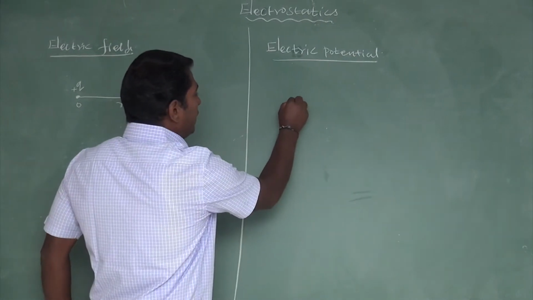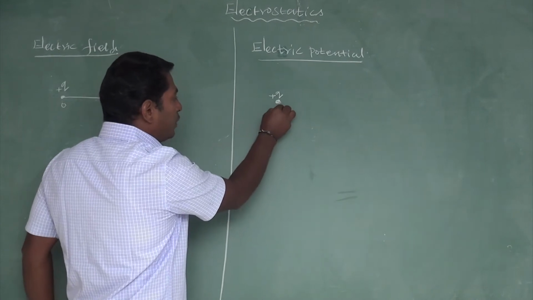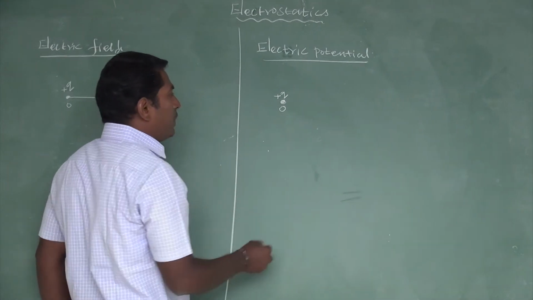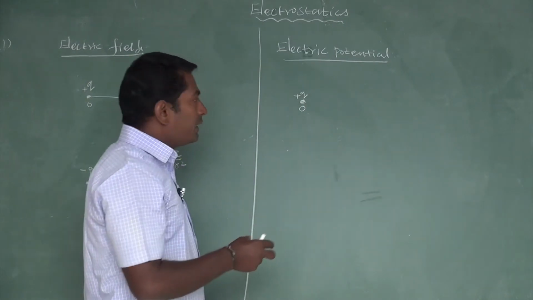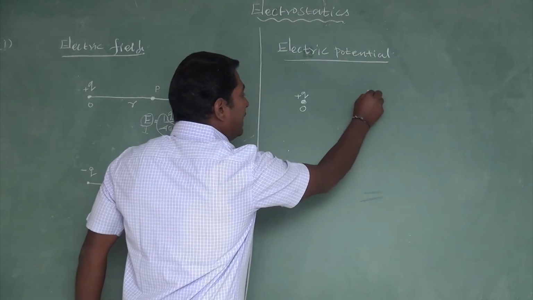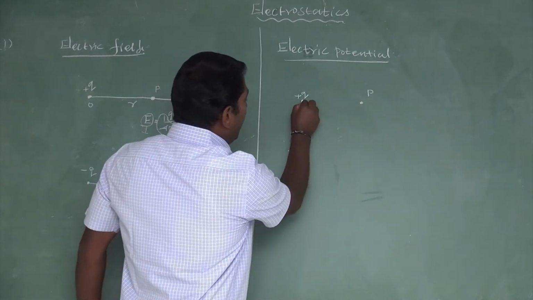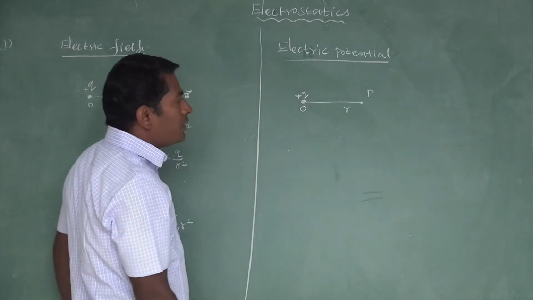Let us consider one positive point charge plus Q placed at a point O in air or vacuum or free space. It will produce electric potential. How can we calculate the electric potential produced by the point charge? Let me assume one point P near the positive point charge. R is the distance of the point P from the positive point charge.